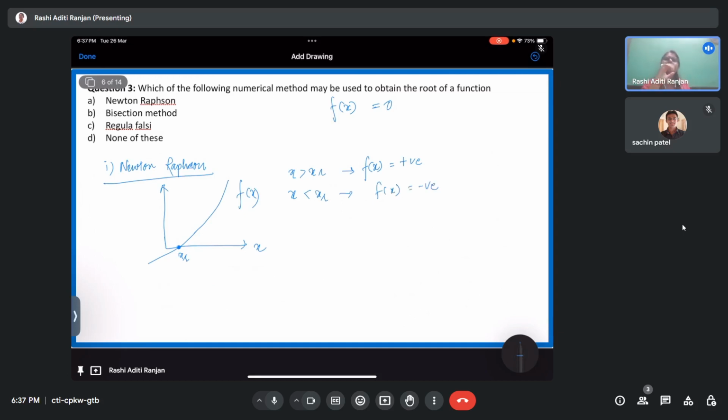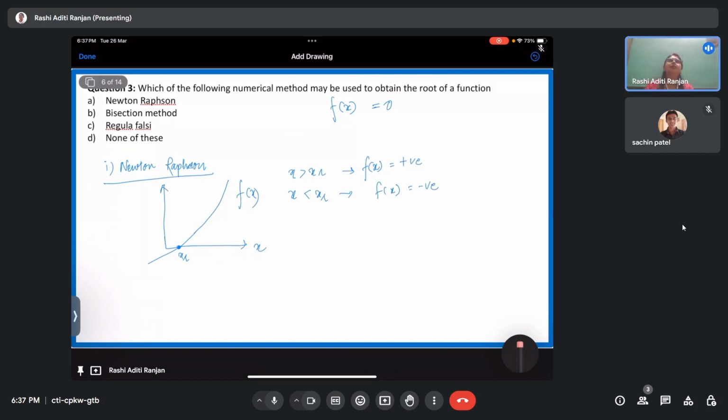What does this mean? This means that there is some root in between these 2 points. For that matter, I don't know as of now what xr is. I'm assuming that there is an xr. So in between these 2 points, what am I going to do?